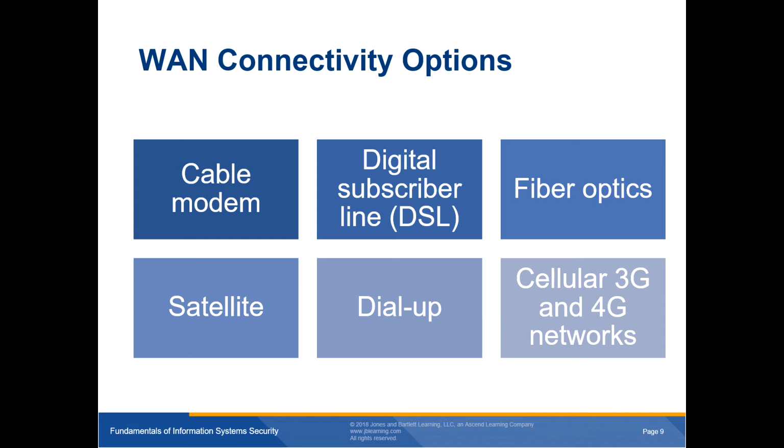Dial-up is still used, at least in the United States, probably not in some of the more advanced European countries that are all on high-speed broadband internet, and a lot of America is not. Rural areas still suffer from the digital divide because they have to use dial-up across the telephone line to get their communications.